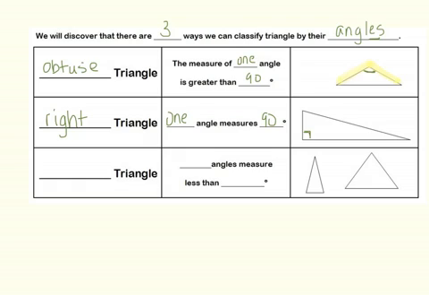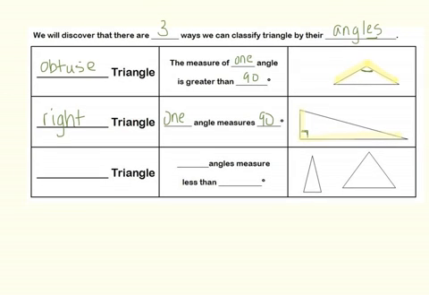This angle right here is the 90-degree part. Now we're going to do the acute. All right, acute triangle. And that means all of the angles measure less than 90 degrees.